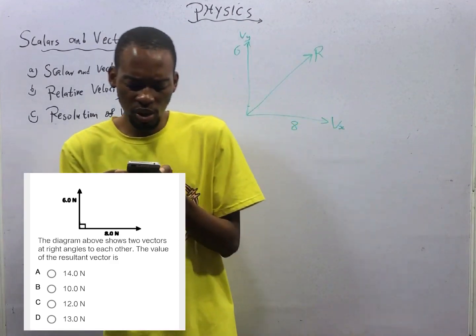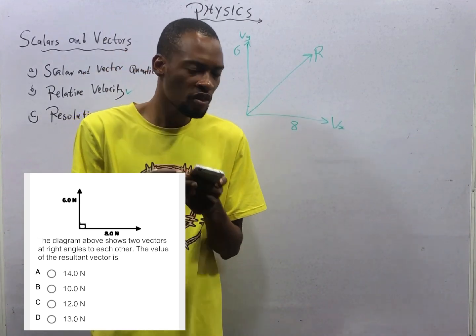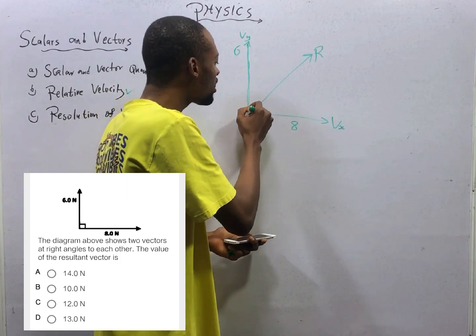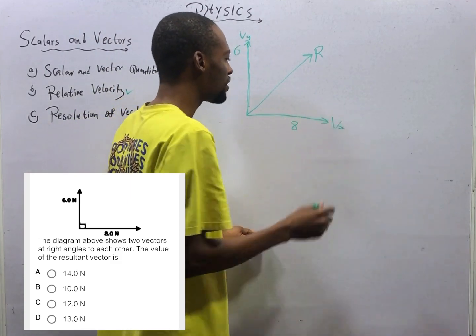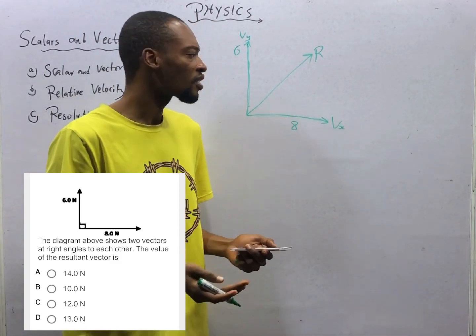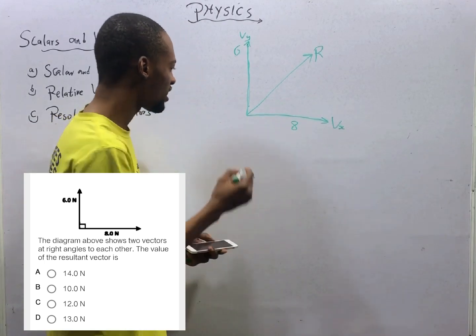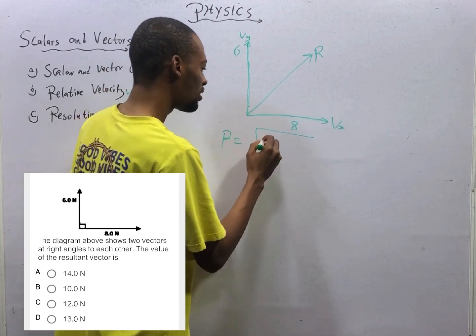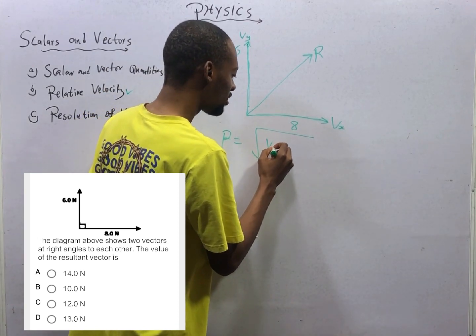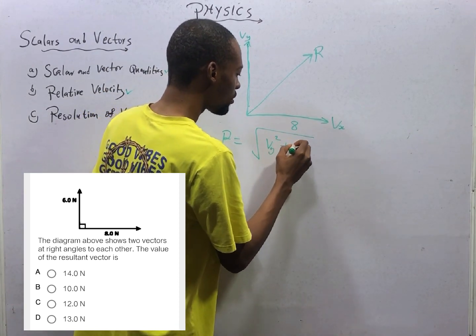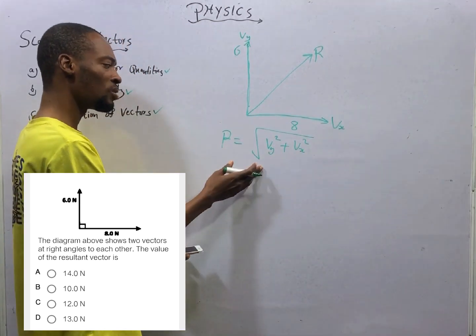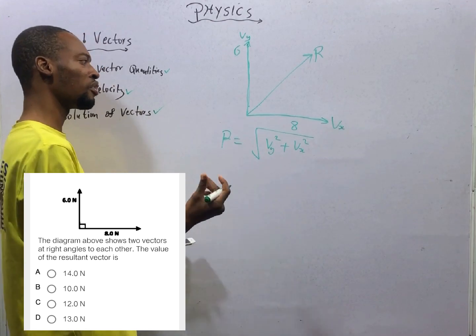We therefore don't need to resolve anything to the vertical or to the horizontal since they are already given. It is only when they have not been resolved that we need to resolve. Since they already gave us, the resultant will simply be the magnitude of the vertical squared plus horizontal squared. This is the magnitude. Vertical squared plus horizontal squared, the square root of everything.